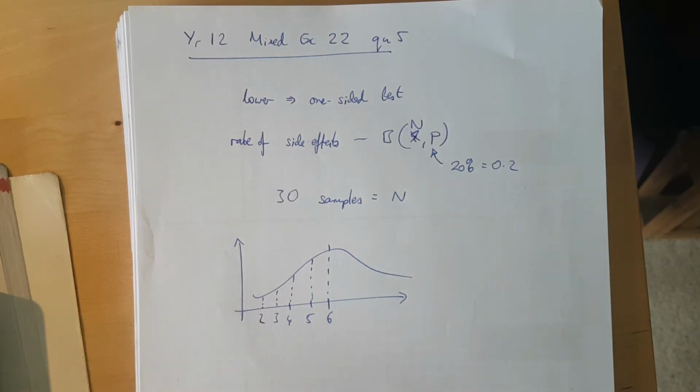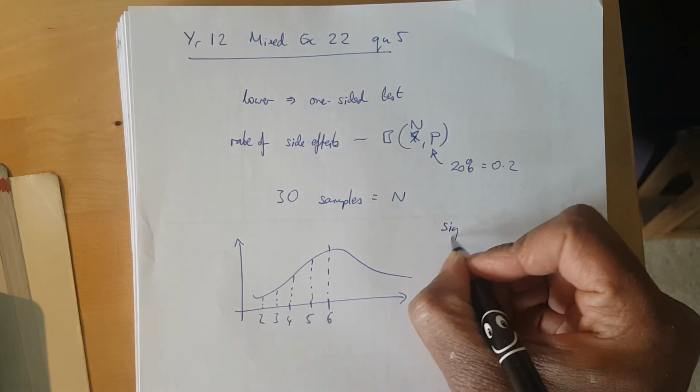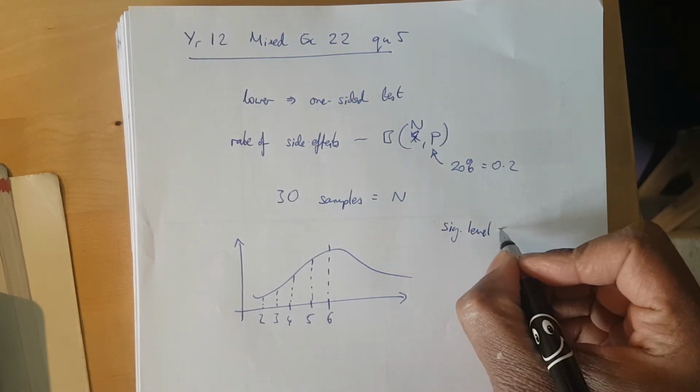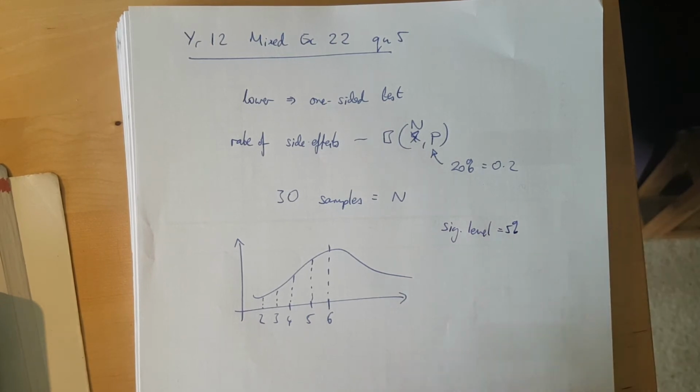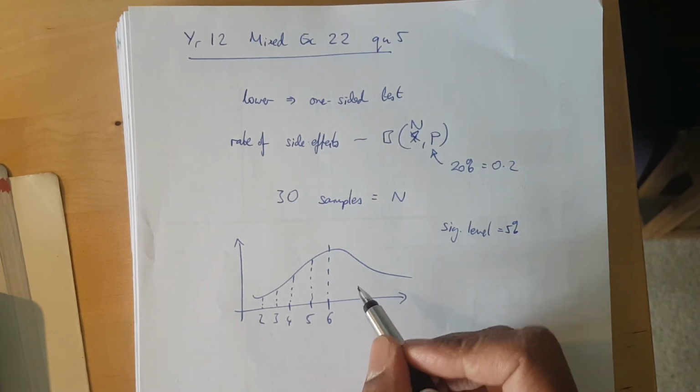And at some point, I would expect that there's a sufficiently small area of this graph that one of these numbers represents that I can say at the significance level of 5%, I am convinced that there is enough evidence to suggest that there is a lower rate of side effects in the alternative drug.